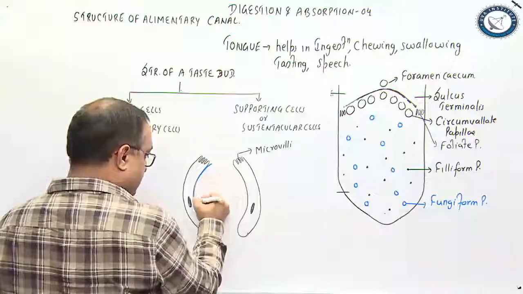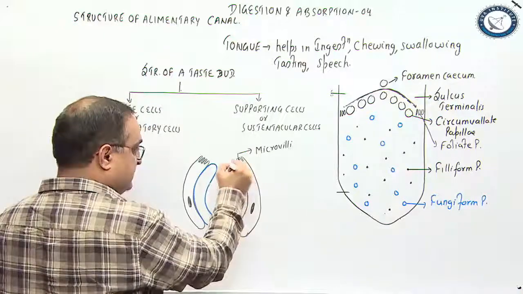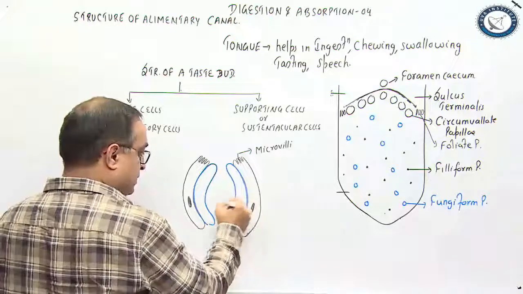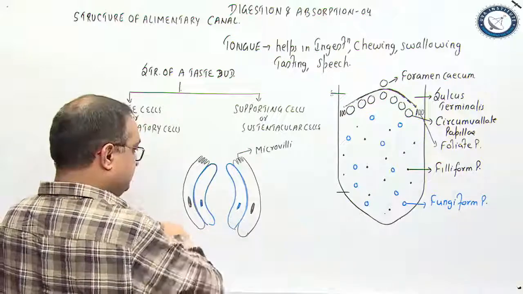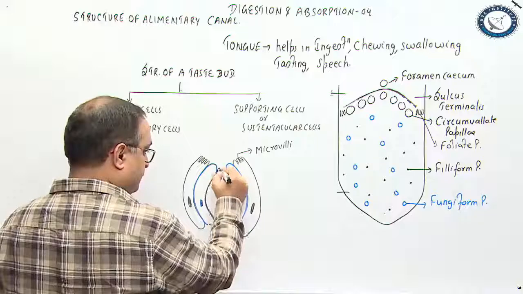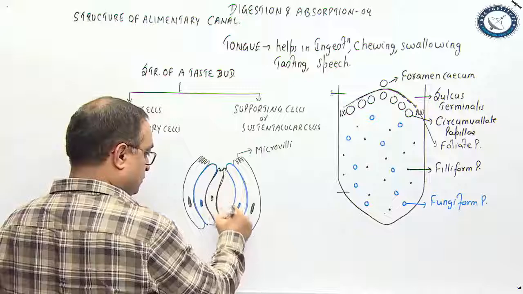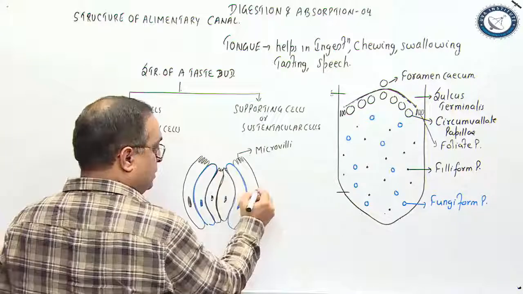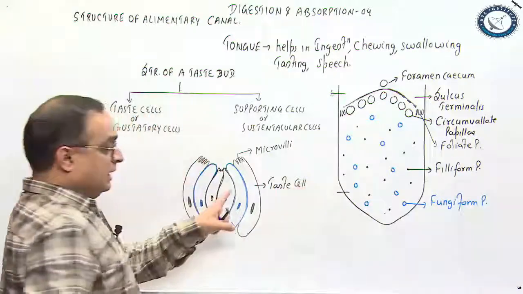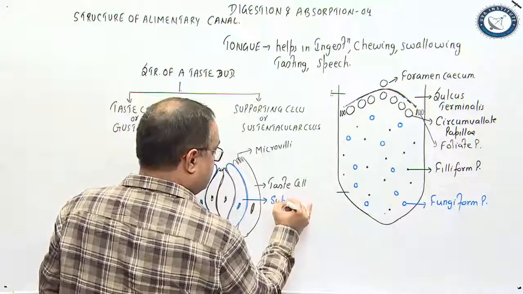Now with the blue color, I am drawing sustentacular cells or the supporting cells. They are also columnar epithelial cells. So let's label these as taste cells, and the one with the blue color is the supporting cell.